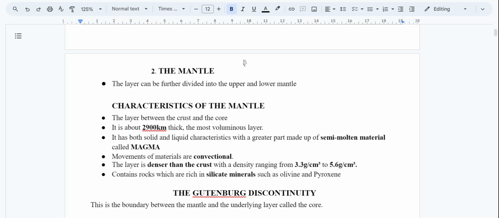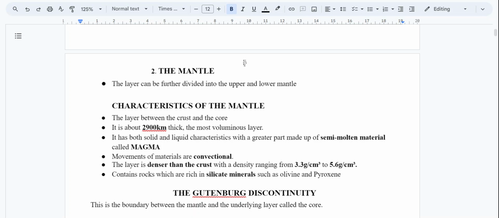The mantle is both solid and liquid, but the greater part of it is semi-molten. The semi-molten rock that makes up the mantle is known as magma. Magma means molten rock.